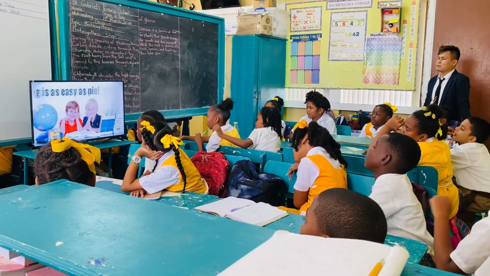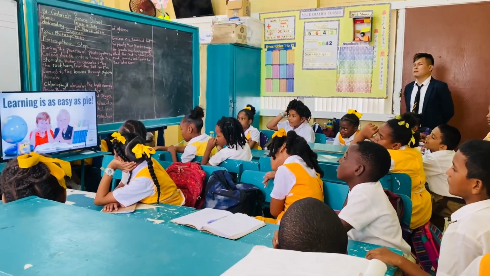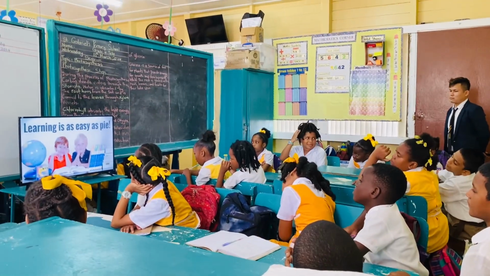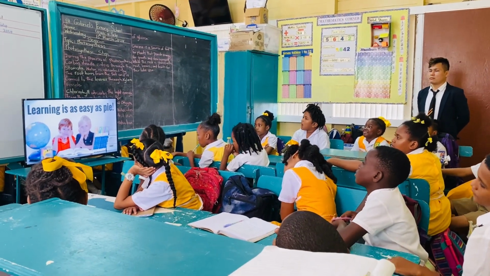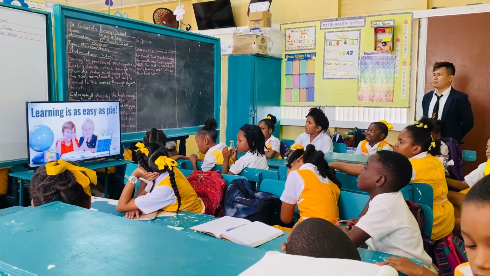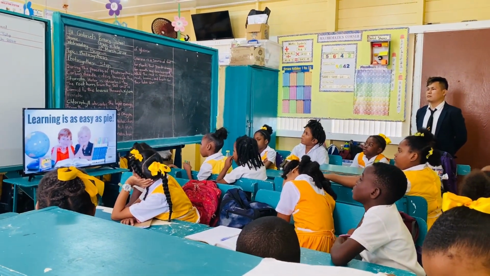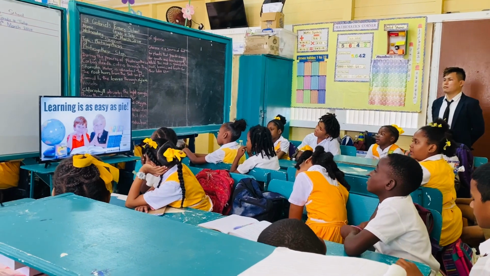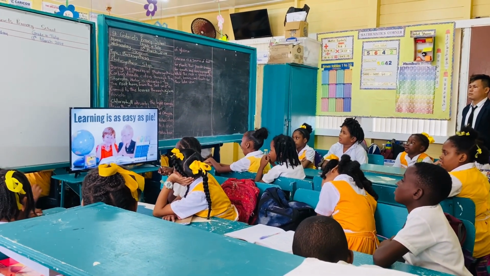Look at this sentence. Learning is as easy as pie. Wow, learning is being compared to having pie. Easy as pie is a very common simile that means easy. Just like it's easy to eat pie, in this sentence, learning is as easy as pie. It's easy to learn. Learning is as easy as pie.